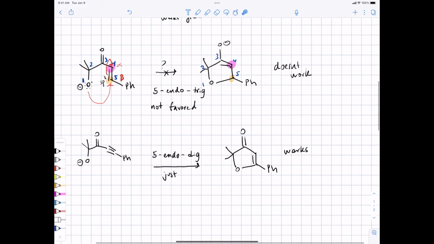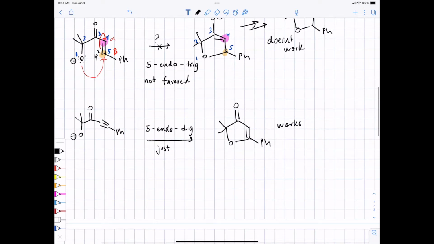I'm showing the final product, so the conjugate addition would be like this. Basically, if this were to attack, electrons would go there, and then you would get an intermediate with an enolate, which would get protonated on the alpha carbon, and that would give you this.